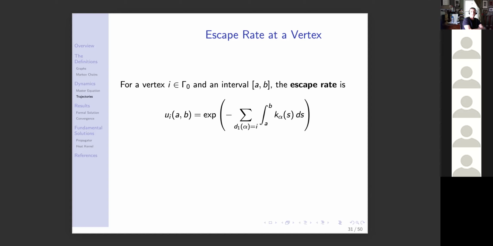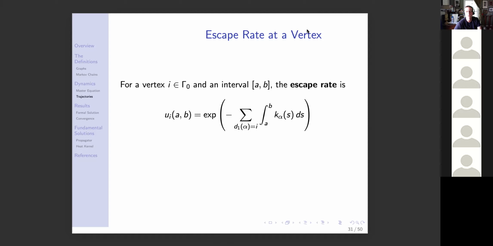I've somehow lost my ability to use my pointer. Hold on a second, let me pause the recording because I've lost the ability to use my mouse.